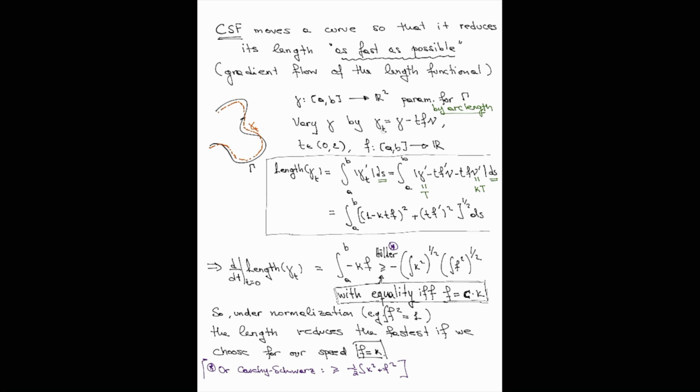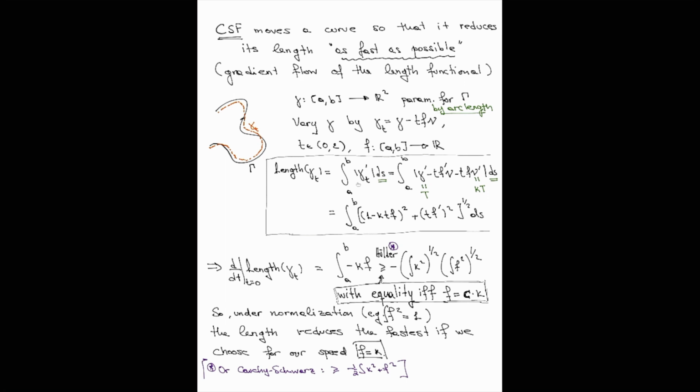Okay, so let's compute the length of gamma t. Remember, when I compute the length, I just take the integral from a to b of the norm of gamma prime t. And when I compute this gamma prime t, I'm just taking the derivative with respect to s.